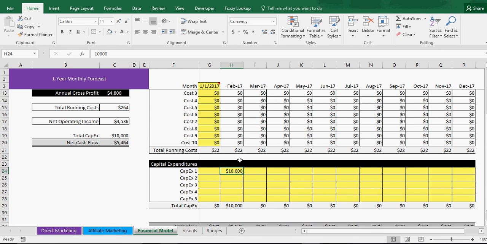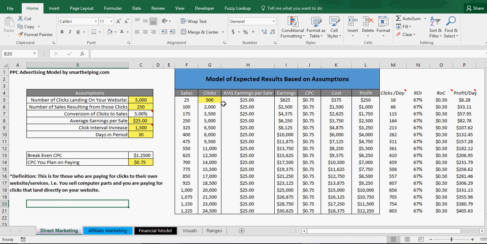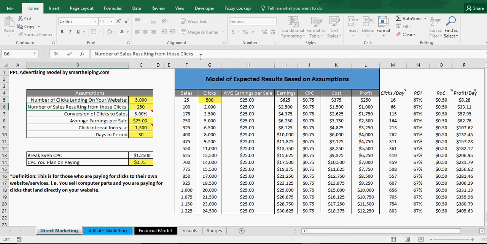So it's going beyond just modeling out conversion percentages. It's giving you scale of conversion percentages, allowing you to dynamically see how you're building that conversion.